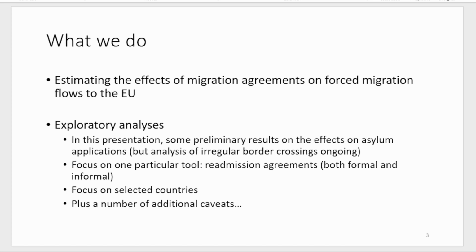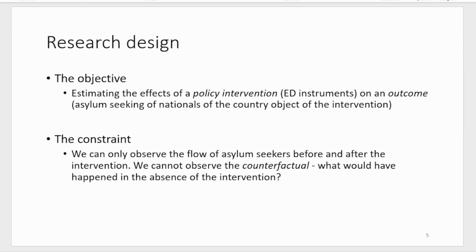Obviously, we cannot observe the counterfactual. What would have happened in the absence of the intervention? What would be the flow if that particular agreement was not made between the European Union and that particular country of origin?